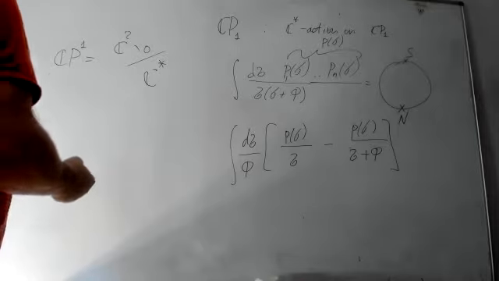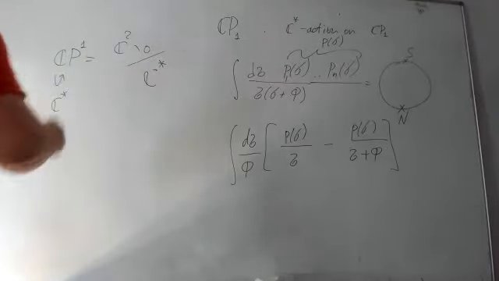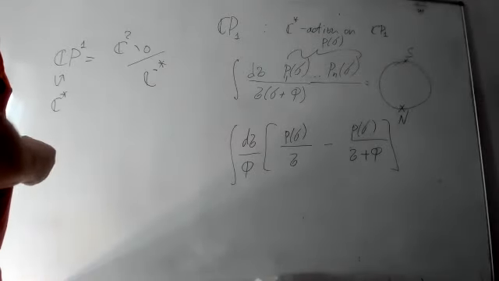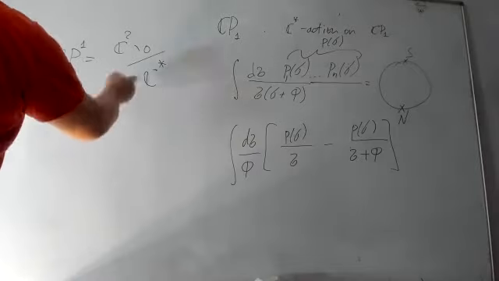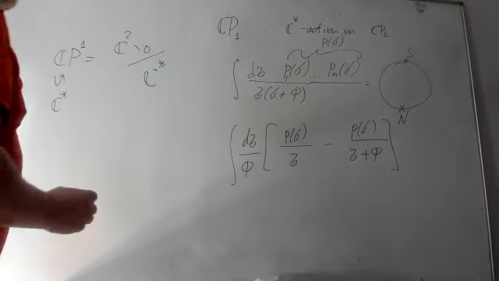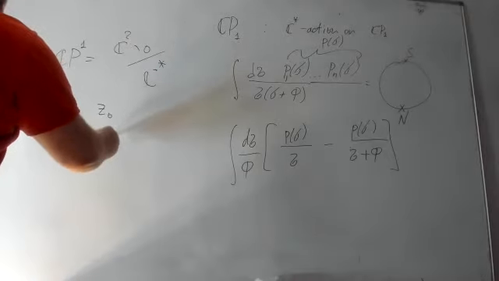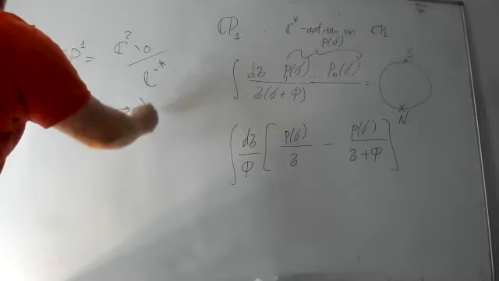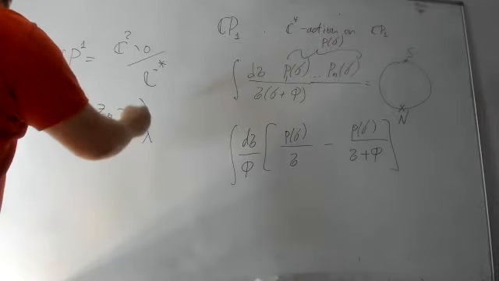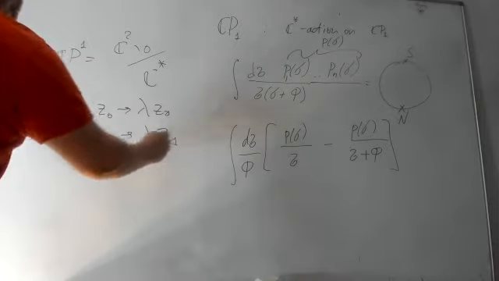Then I also have an action of C star on CP1. Let me write both actions in homogeneous coordinates. The first action is lambda z0, z1.